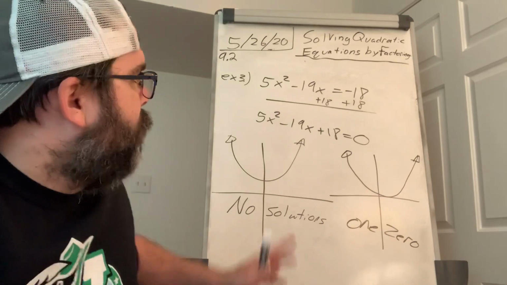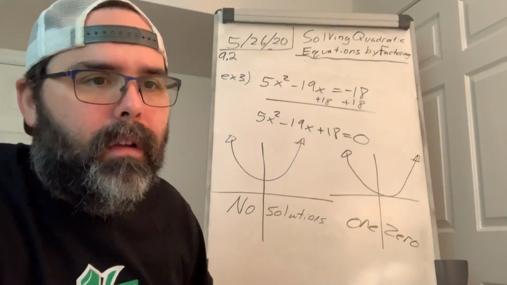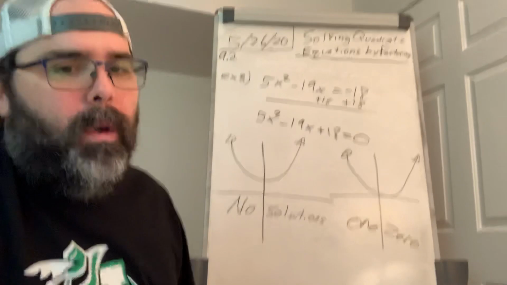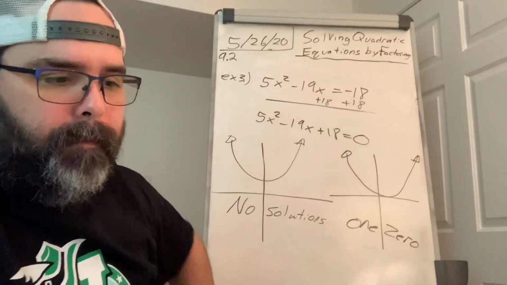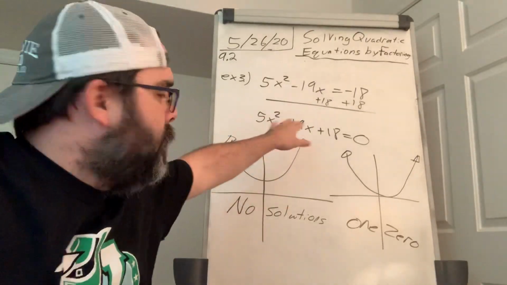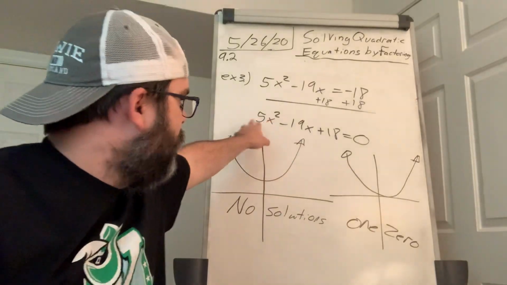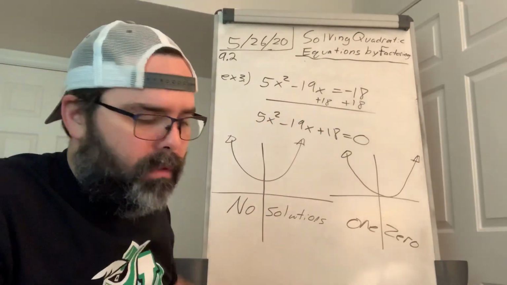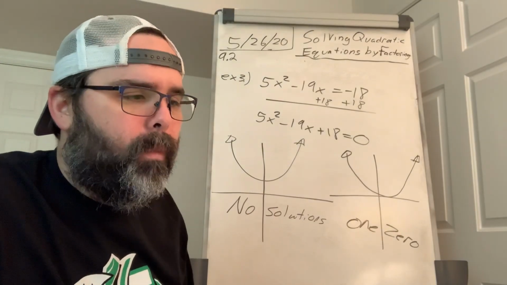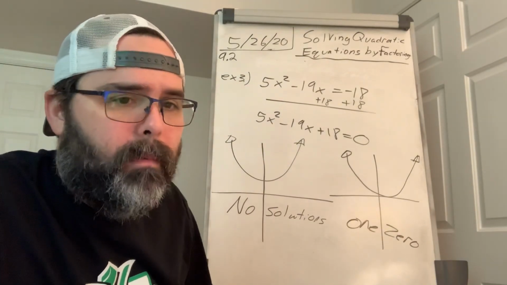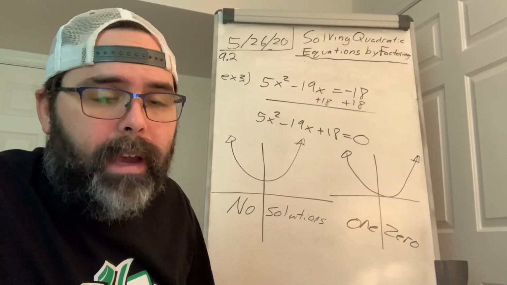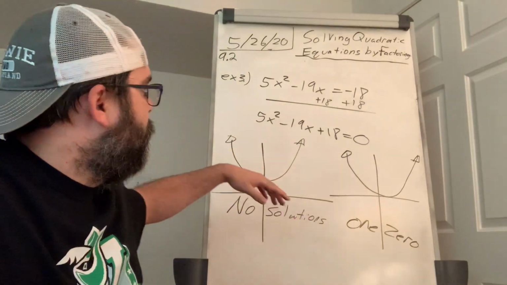So what is going to happen to my function here if it's no solution? If I try to factor this, and let's say that this gives us no solution, well, how do we know? The answer is it won't be factorable. You won't be able to factor it.